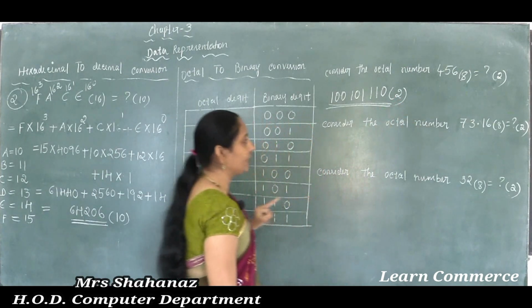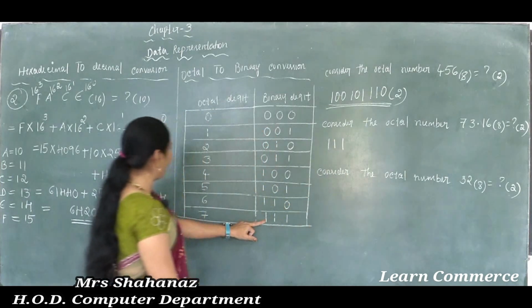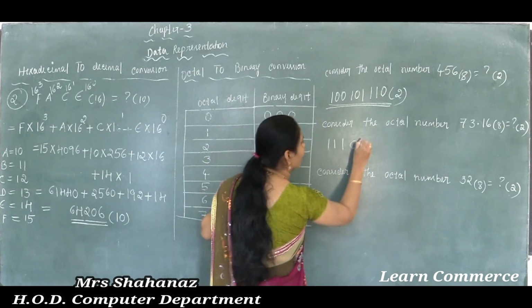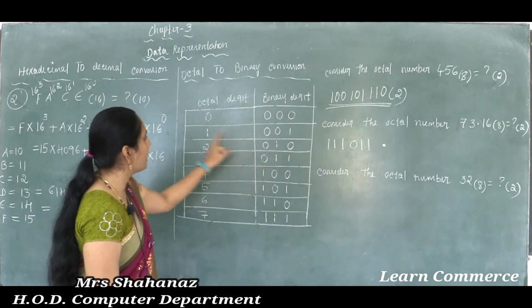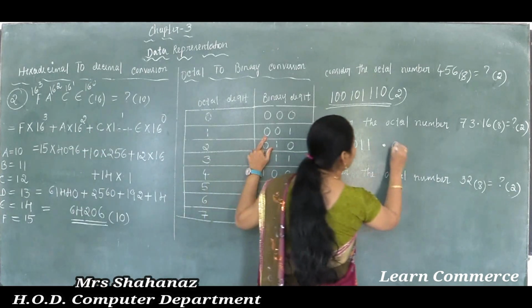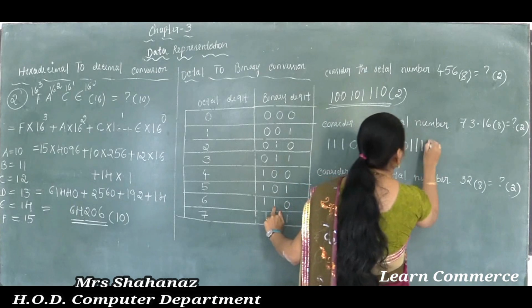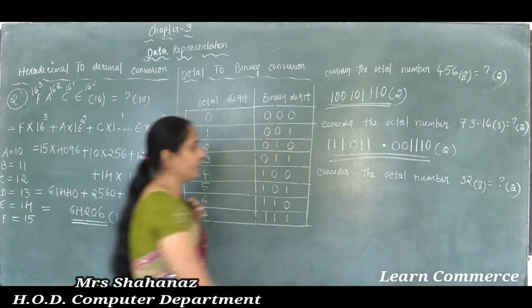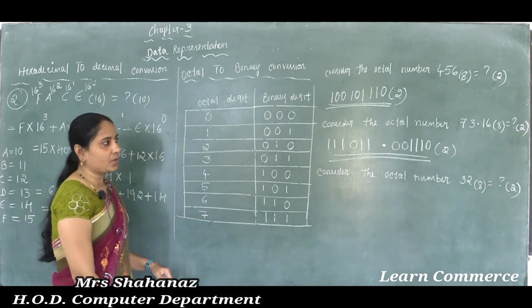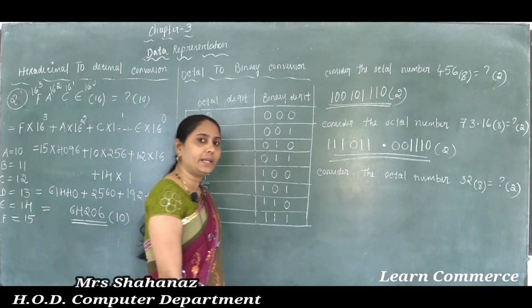Next, 73.16: 7 value is 111, 3 value is 011. The fractional point we need to write as it is, then 1 is 001 and the 6 value is 110, and later we need to write the base value. So this is the answer of the 73.16 octal to binary conversion.